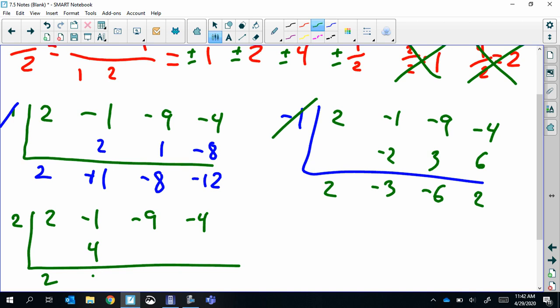Multiply, we got 4, add, multiply, add, multiply, add. That didn't work either. So now let's try negative 2.